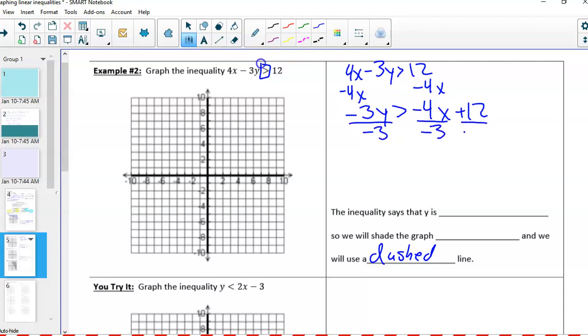The sign changes. So everything we just talked about with solving inequalities is still true. So now this is y is less than 4/3 x minus 4. So now we can say that this is less than. So what direction are we going to shade the graph in? Below.